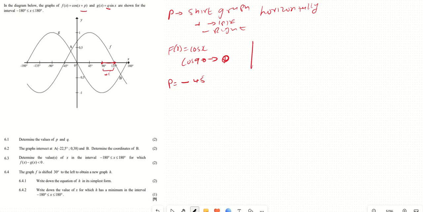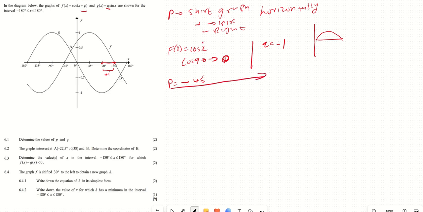In this case, q can be 1, but look at how the graph is. We know that the graph of sine from 0 to 180 must increase, turn and decrease, but here it is decreasing, turning and increasing, meaning that it was reflected about the x-axis, so q is negative. That's the value that we have.